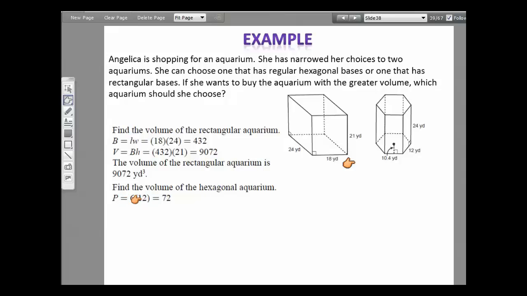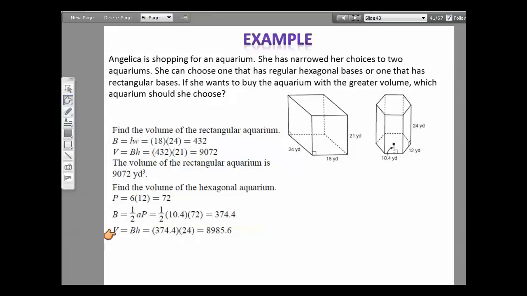Each one of the sides is 12 yards, and when I multiply those, I get 72. So here's the formula for the area of the hexagon: a half little a times capital P. Plug the 10.4 in for the apothem, the 72 in for the perimeter. Calculate that, 374.4.